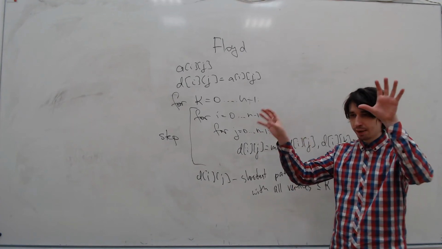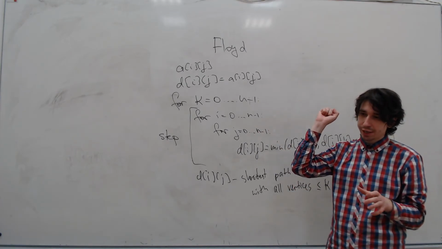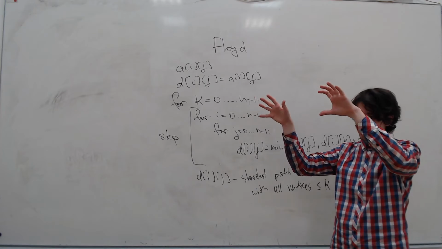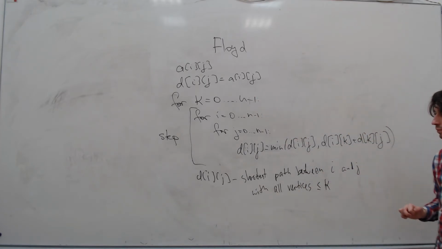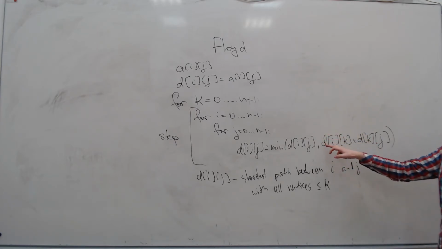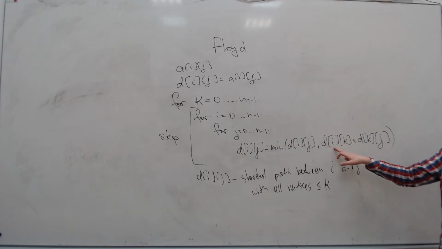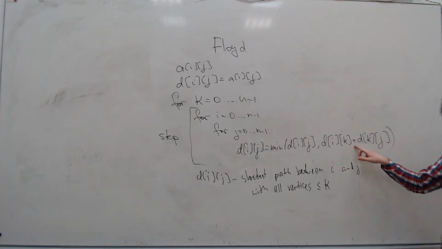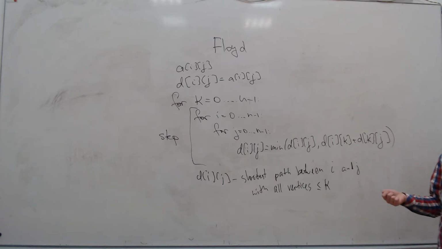At the beginning we have separate vertices, then we take the vertex k and we go over all its incoming and outgoing edges. We know d_ik is the shortest path between i and k with all middle vertices less than or equal to k minus 1, and here also less than or equal to k minus 1. And we find the split where we add this new vertex k.